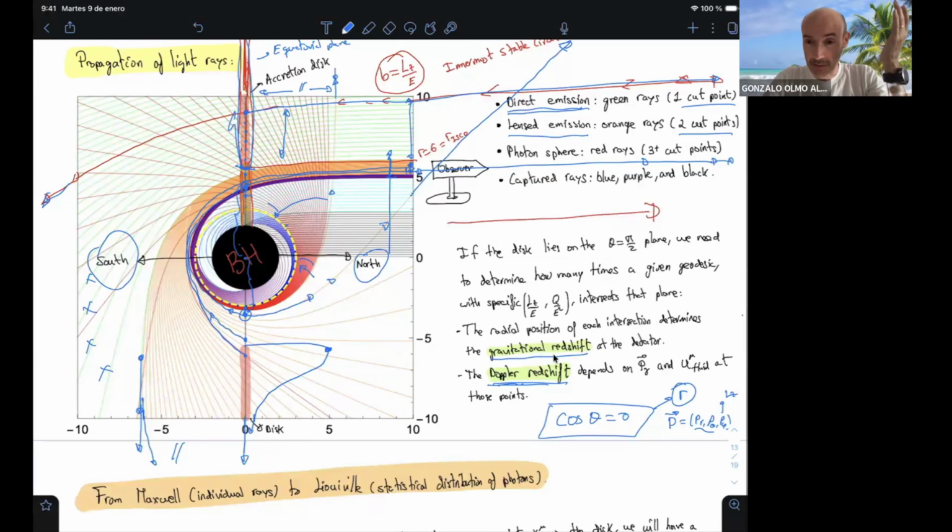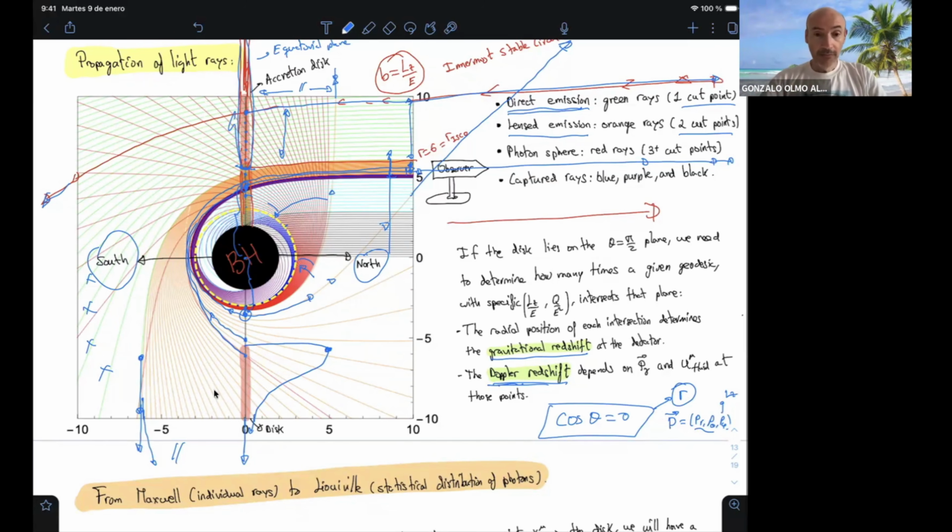Taking into account the gravitational redshift that depends on the radius and the Doppler redshift that depends on the position and the momentum of the photon, okay? So this is why different models, intensity profiles, will produce completely different images, okay? And then we have the inclination angle that adds additional effects, okay?